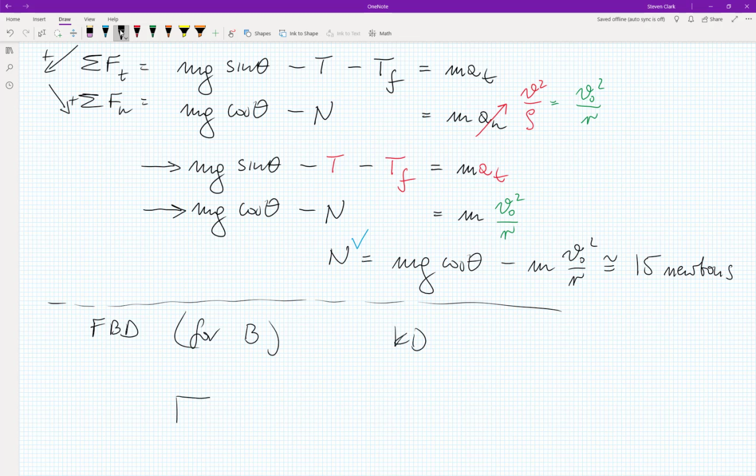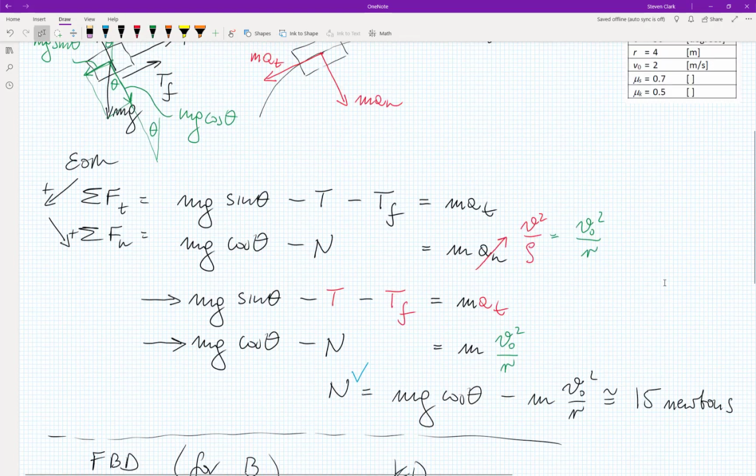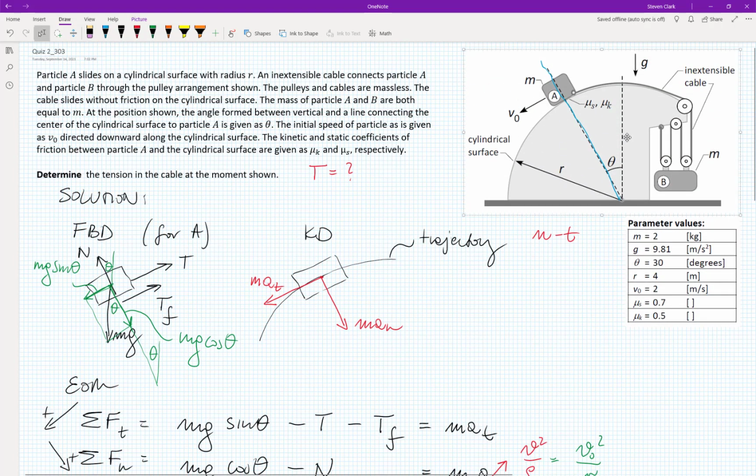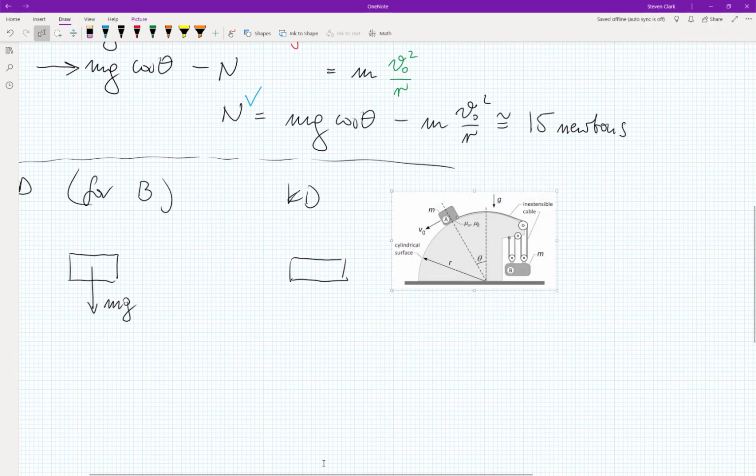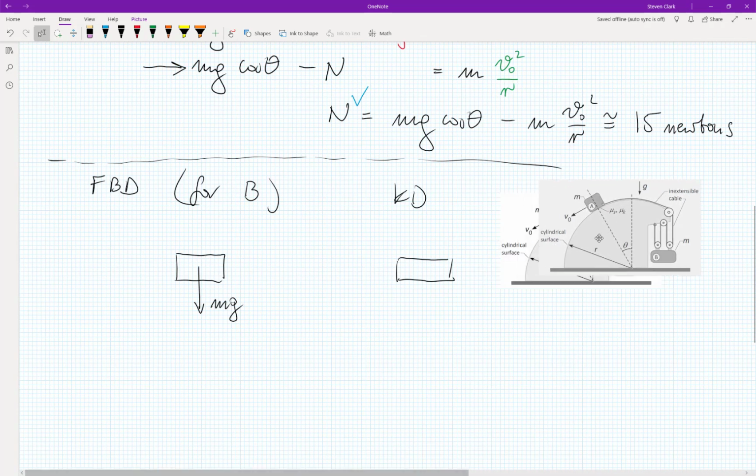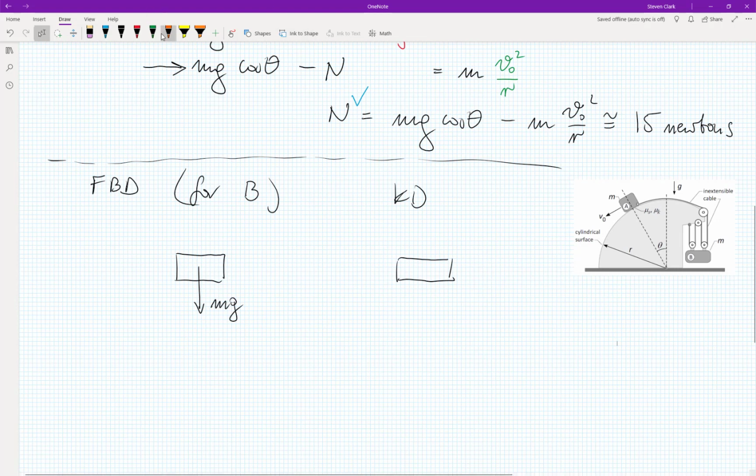So there we have such a rectangle, and definitely it has mg pointing downwards, but I honestly forgot how it looked. Can I copy this drawing here? Oh, it has four ropes attached to itself. So we have basically two pulleys here, and we will have four forces pulling up.